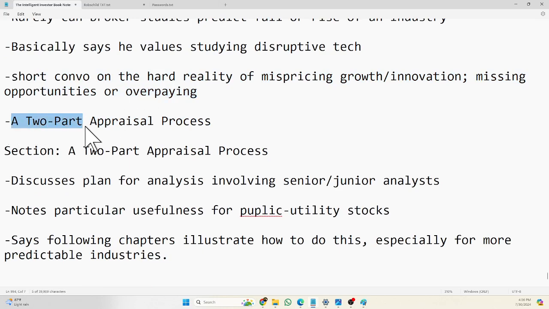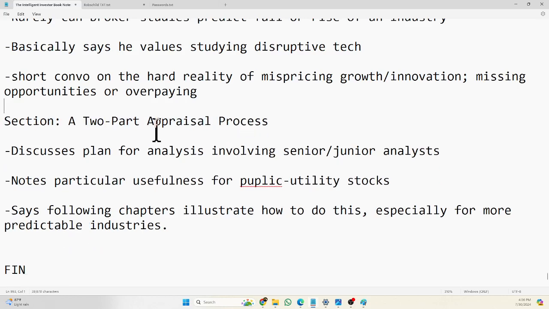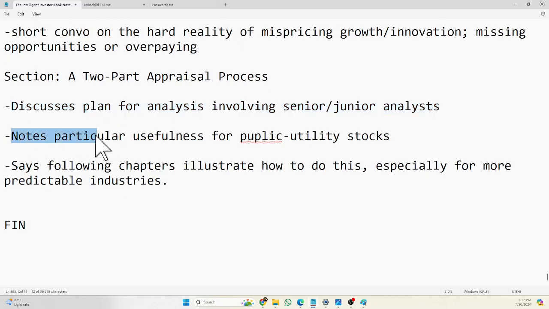But anyway, then we have a section called the two-part appraisal process. In this section, he discusses a plan for analysis involving senior and junior analysts having different jobs. And then he notes the particular usefulness for public utility stocks, basically stocks that you can somewhat reliably predict how they're going to be doing in the future, because everybody uses them and they have great pricing power.